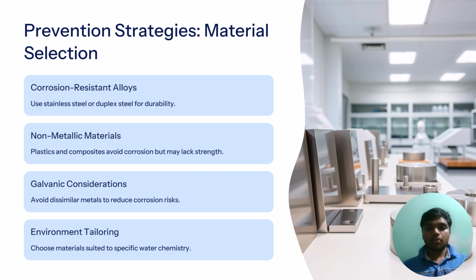Now let's talk about prevention strategies. We can prevent pipelines from getting corroded. We can check regularly for any corrosion that has occurred, and follow grounding practices, water quality testing, and maintenance.